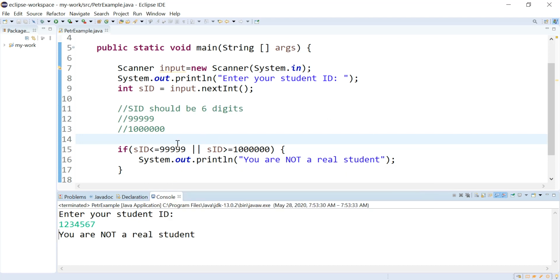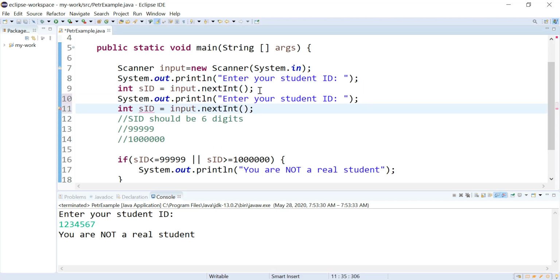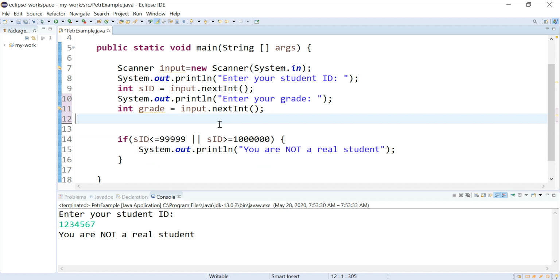Okay. If you ever want to use more comparison operators, so maybe we'll ask them for their grade as well. So if this is that between these, okay, or the grade is less than 0, we'll say that's for kindergarten, or grade is greater than 12, then they're not a real student.